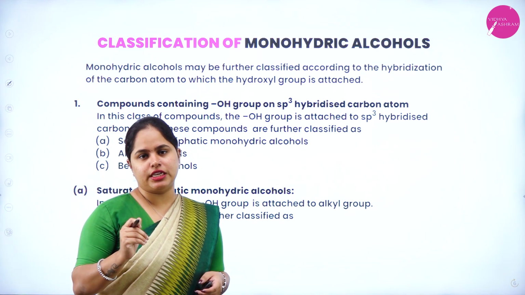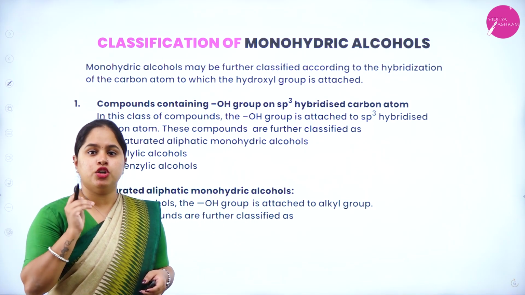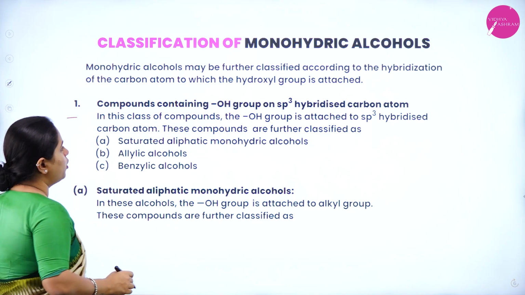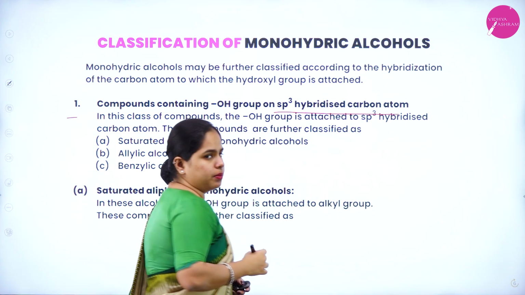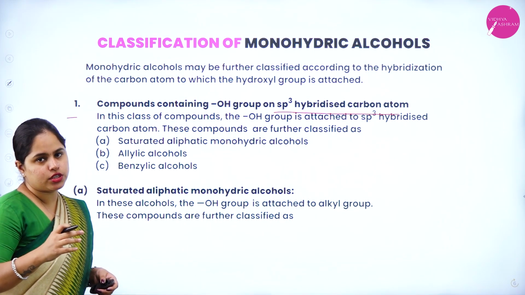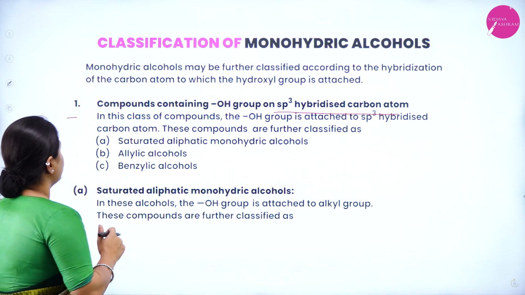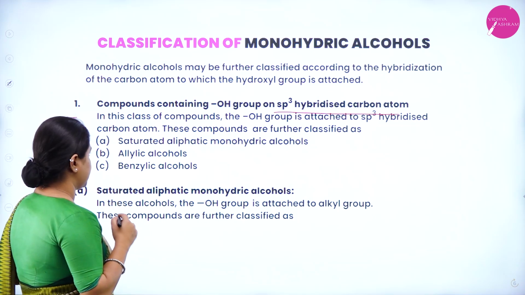So the first one is compounds containing the OH group on an sp3 hybridized carbon atom. Okay. So in this class of compounds, the OH group is attached to an sp3 hybridized carbon atom.